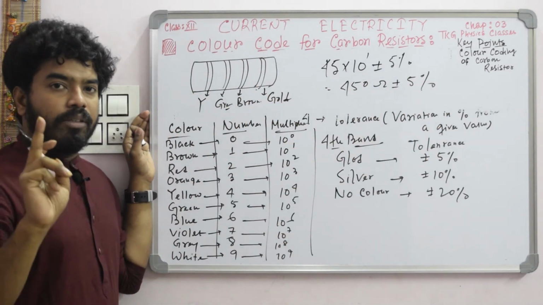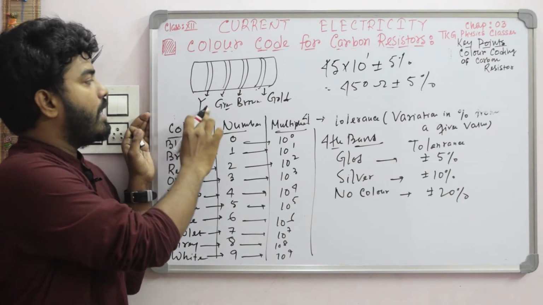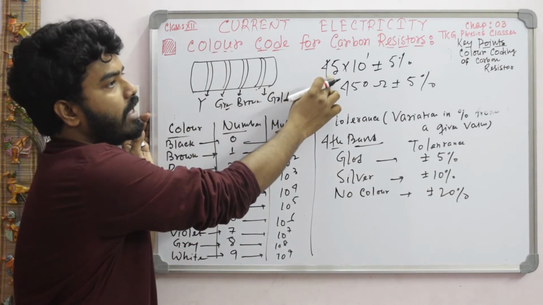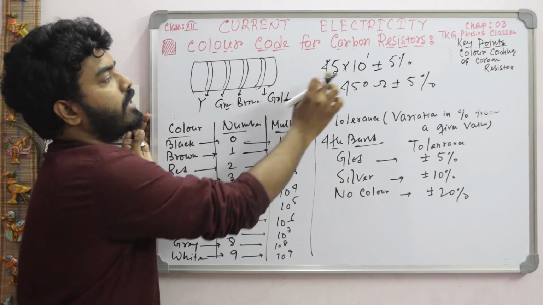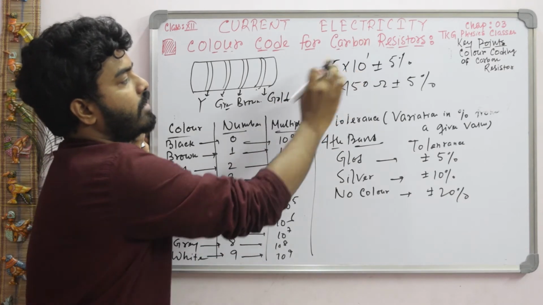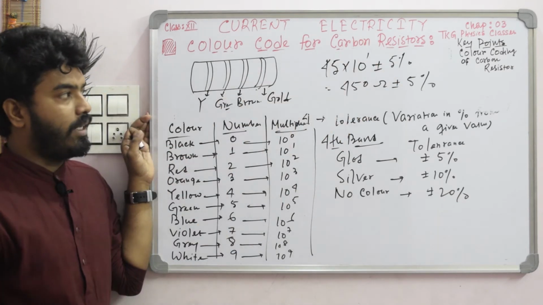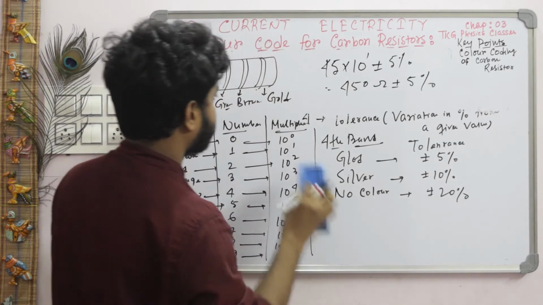Okay. Simple rule, the first and second bands represent the number, the third band represents the multiplier, and the fourth band represents the tolerance. Okay. Let us take another example.